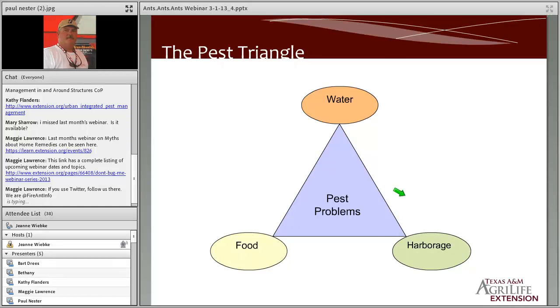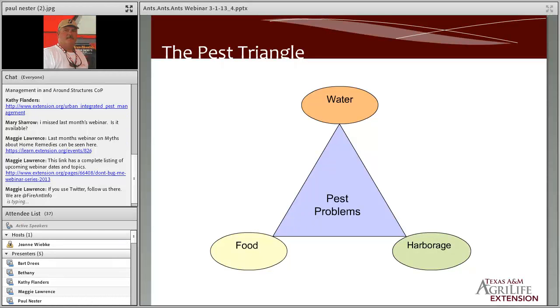If we can remove one of these things, such as the moisture source, remove the place it lives, as in the harborage, or alter or remove the food, we will start to decrease the pest population. Whenever I talk to homeowners about controlling pests, I always tell them that a pesticide will only give you about 85 to 90% reduction in a certain population.